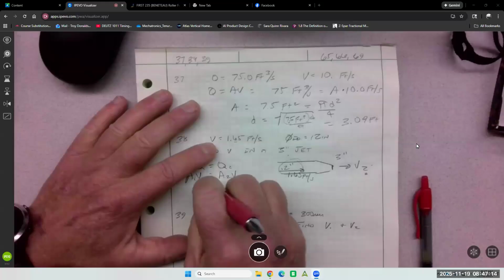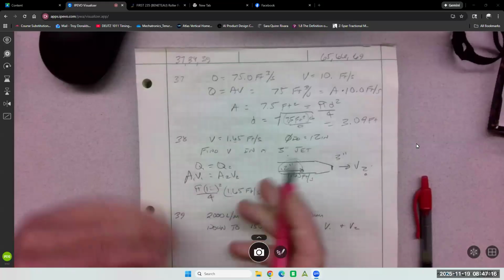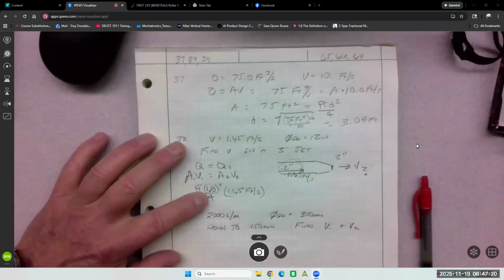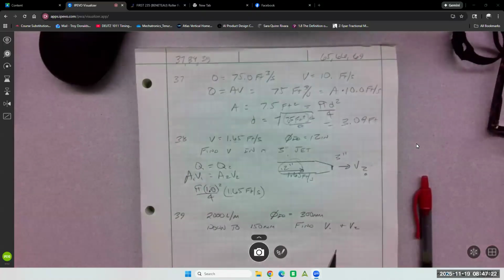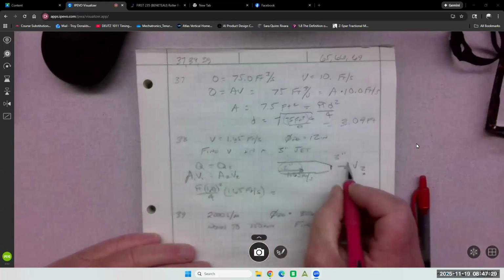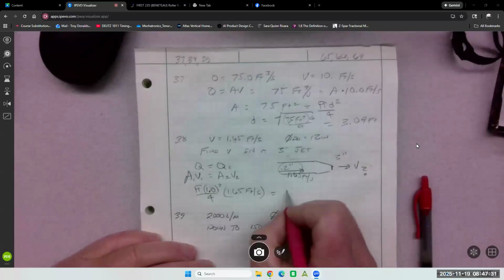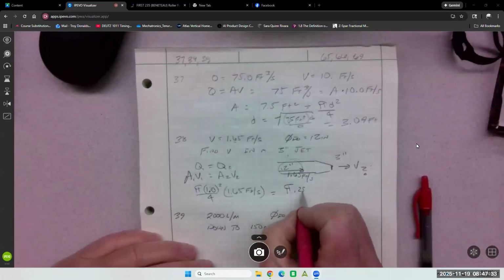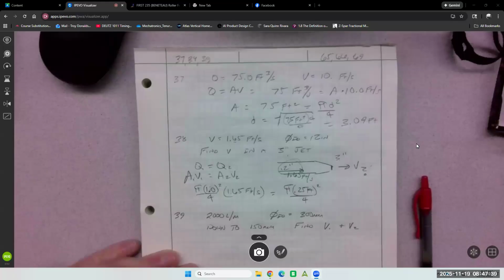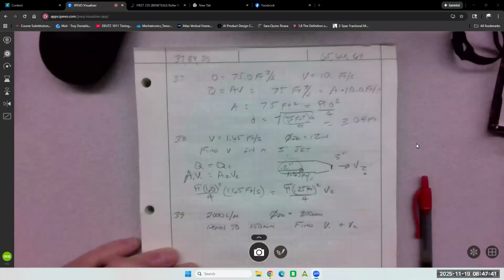So I'll just put it in feet. 1.0 feet. Makes sense? Yeah, she's good with that. And then I don't know A2. Oh, I do know A2. It's 3 inches, so it's pi 0.25 feet squared over 4. And I don't know V2.